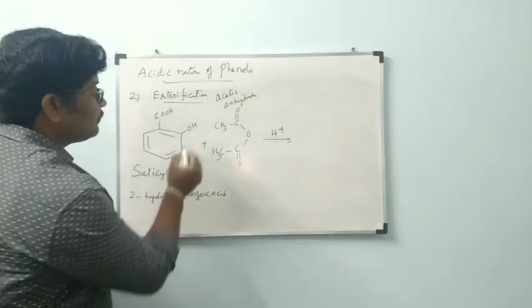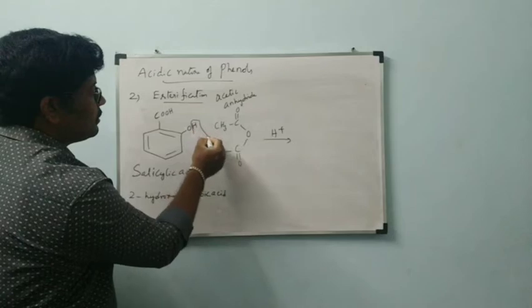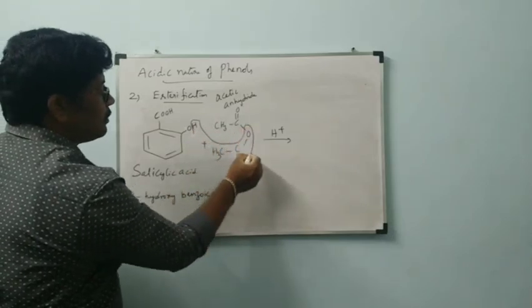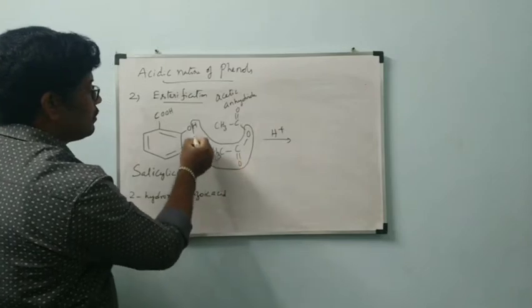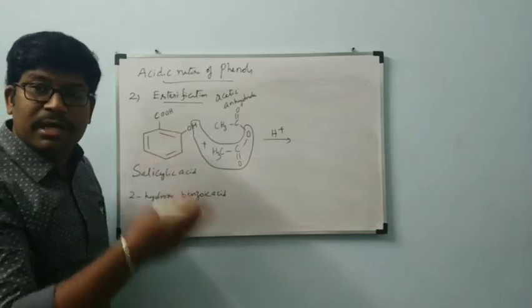See carefully. The hydrogen present on this OH group and CH3COO, CH3COOH will be gone out.